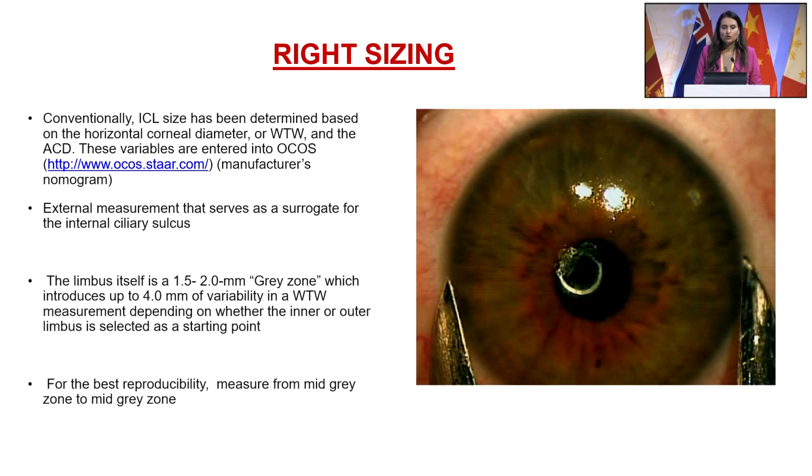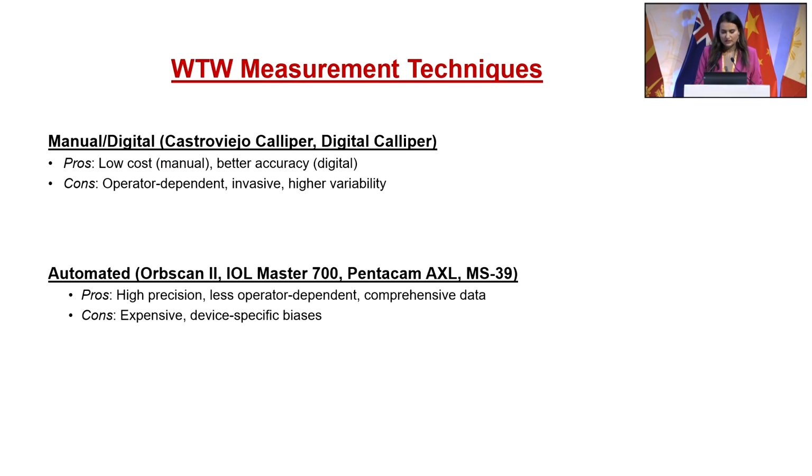The measurement would also depend upon how and from which point you are measuring the white to white, the inner or outer limbus, which is selected as a starting point. So for best reproducibility, it is advisable to measure from the mid-gray zone on one side to the mid-gray zone on the other side. So that is with a manual caliper.